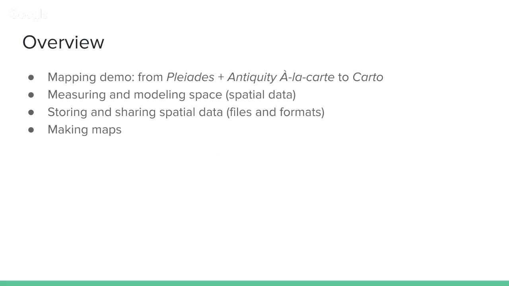Having done that, then I want to talk a bit, in very general terms, about measuring and modeling space. That's taking a look at spatial data, the structured information that we need to be able to do the kind of mapping we'll have just done, and talk about some of the problems there, because our tools and resources are getting to the point where, for some tasks, it can be a very simple and intuitive thing to produce a map.